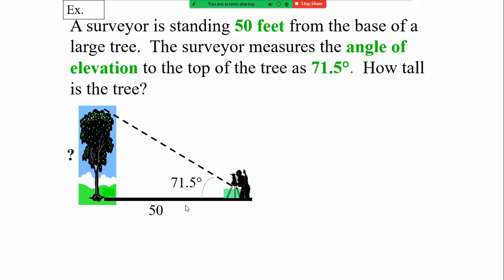So what would you use here? You have the angle, then you have the adjacent, and you're looking for the opposite. So using SOHCAHTOA, which function are you going to use? There we go. Tangent, opposite over hypotenuse.